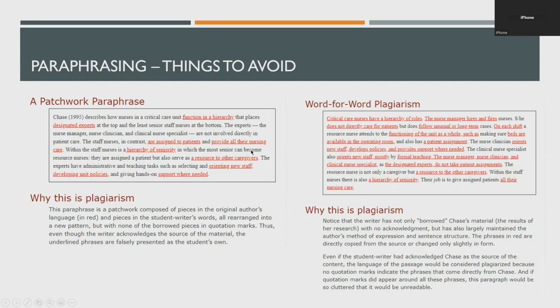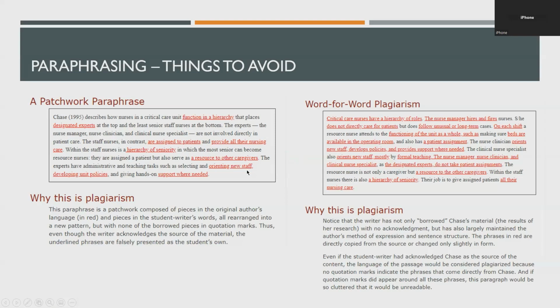So what I would need to do is make sure that these underlined portions are completely rewritten. I need to try as best as I can to really put things into my own words and to not really borrow the author's original language. Now that can be tricky, but that is the goal of a good paraphrase, to completely rewrite the original words while keeping the meaning the same.